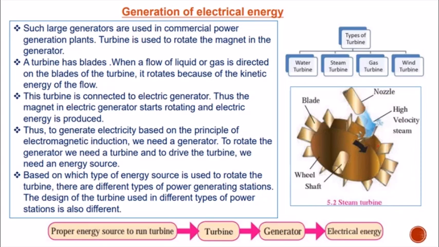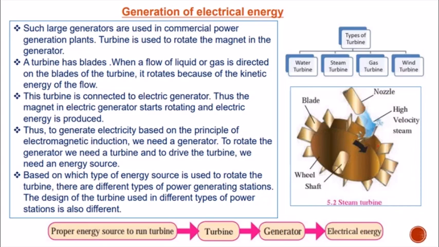We know that kinetic energy is there when anything moves. In this way the turbine is rotated, the magnet is then rotated because of the turbine, and because of this the magnet in our main system starts to produce electric energy. This is how electric energy is produced through electromagnetic induction. It is very simple: if we have to produce electric energy, we have to use a magnet and a conductor.